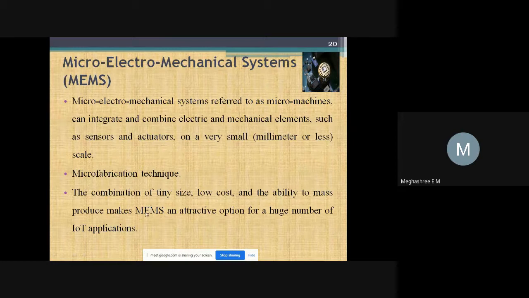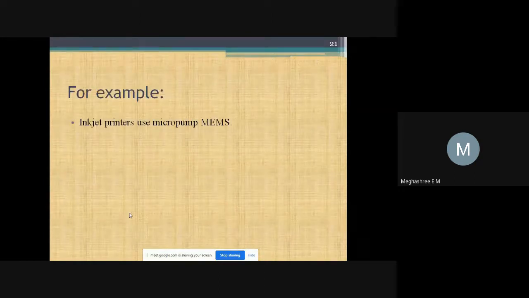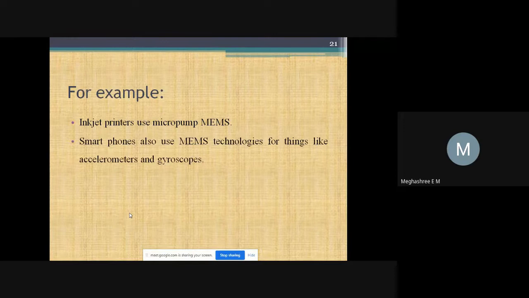Since the size of MEMS is very small and the cost is also very low, that's why MEMS are used in IoT applications. For example, inkjet printers use micro pump MEMS. These are a few examples I have listed. Smartphones also use MEMS technology, like accelerometer and gyroscope. What does it mean? Both sensors and actuators are embossed on the machine.